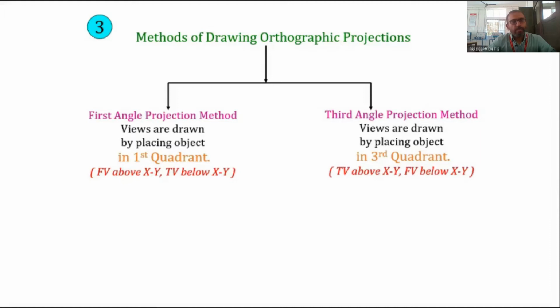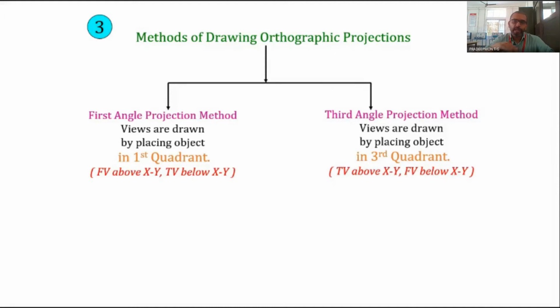And considering the fourth angle projection, if we place the object in the fourth quadrant, it is in front of VP and below HP. Below HP means the front view is below the XY line.